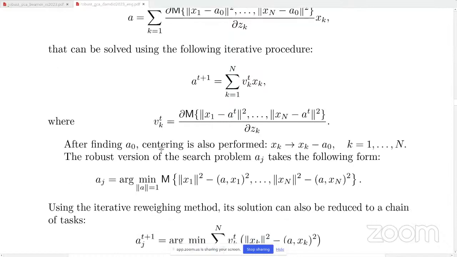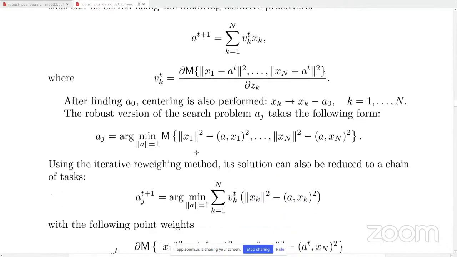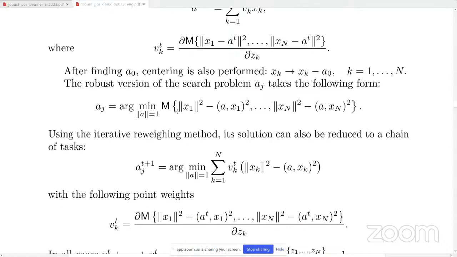After the center was found, we solve the problem where the mean estimation is replaced by the robust variant of mean value, where in calculation we use the censored variant of mean estimation.